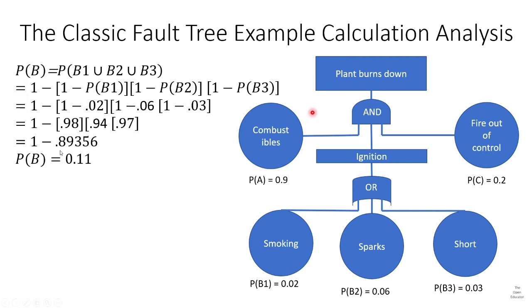So the first thing that we need to calculate is the probability of B. So what is B? This is the ignition, because it has some underlying reasons in it before we get the actual value of ignition. So how you can determine the probability is using the probability of B1 union B2 union B3.